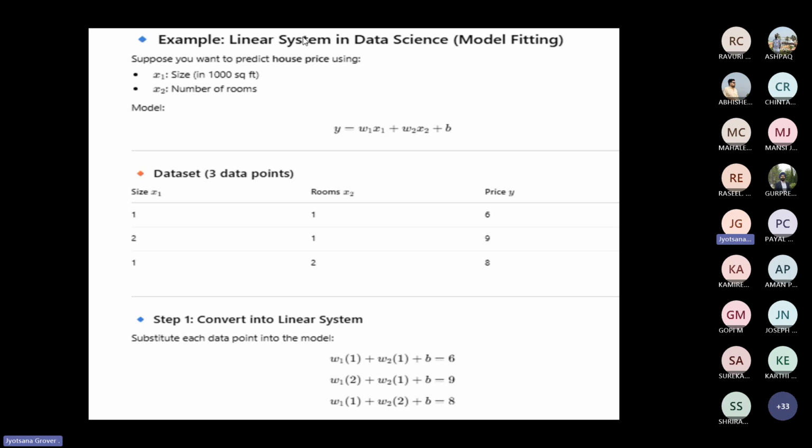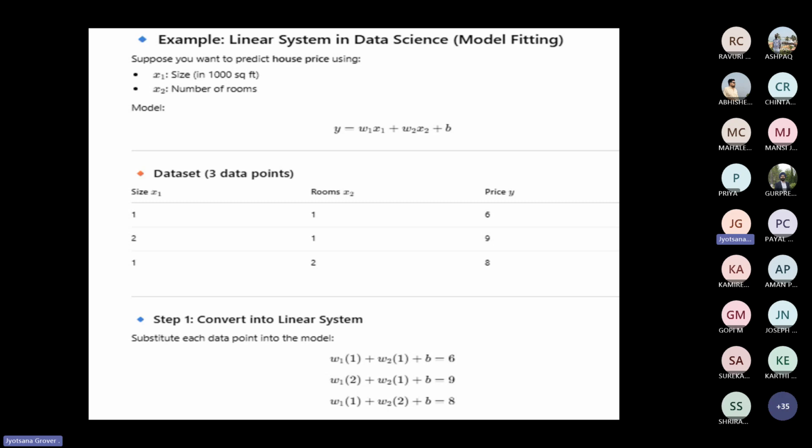So let me just bring it down. Okay, so why do we need linear system of equations? Sometimes we want the variables to be linear. For example, take this example.